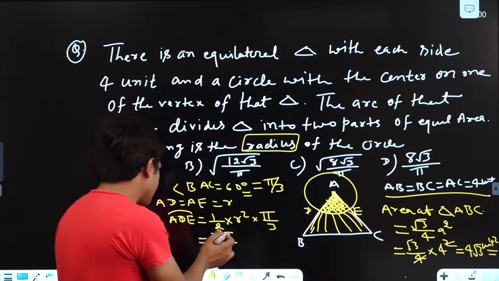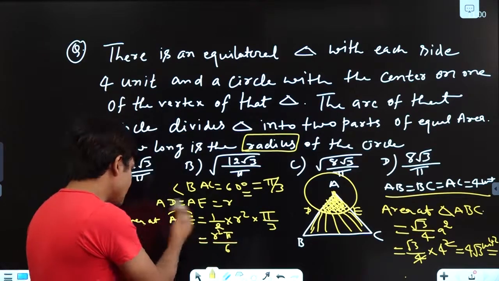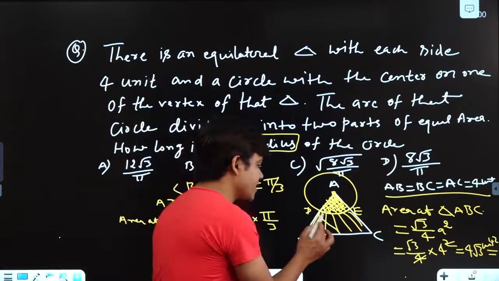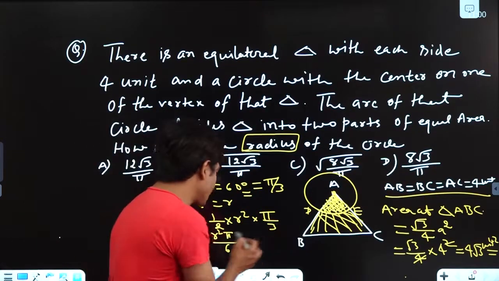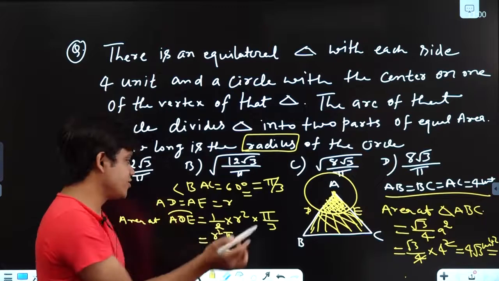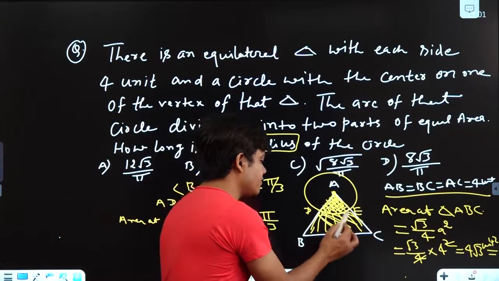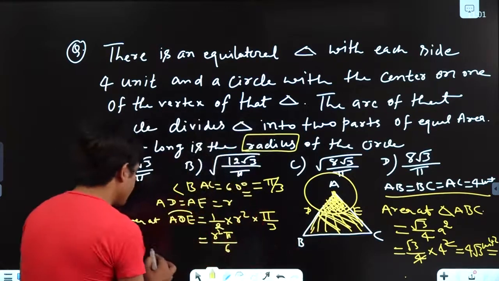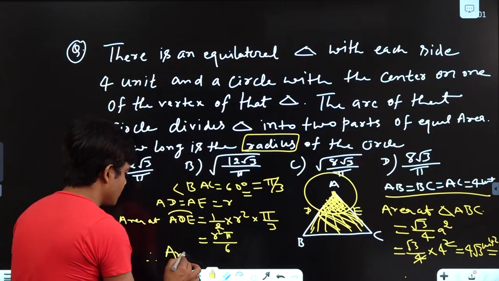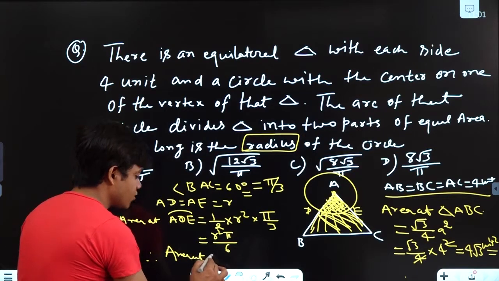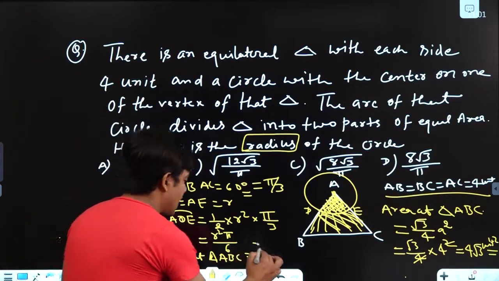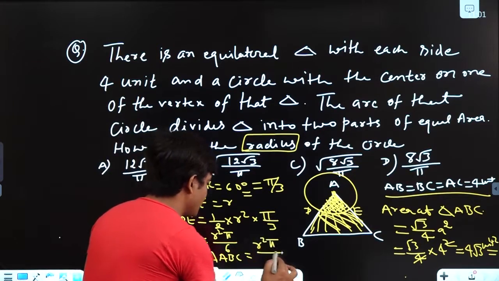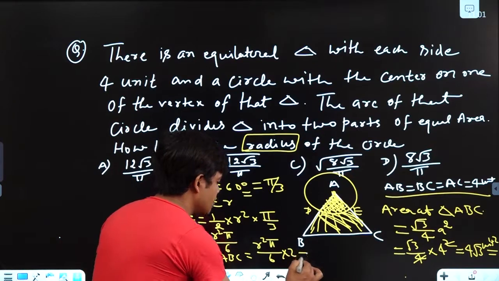And if we multiply this by 2, then we will get the area of this triangle. Is this clear? If we multiply this area by 2, then certainly we will get the area of the whole triangle. Why is it so? Because it is given in the question. R square pi by 6 into 2 means what?